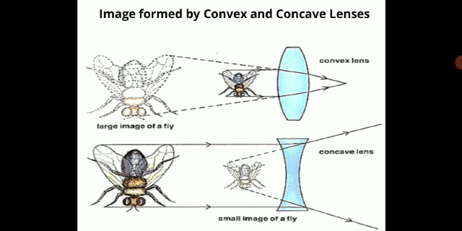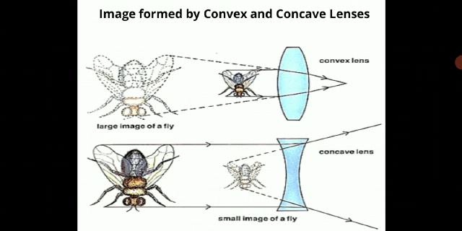Let us see this diagram where the image is formed by convex and concave lenses. Here you can see the image formed by convex and concave lenses. You see the large image of a fly formed by the convex lens. A fly kept in front of the convex lens gives an image that is larger than the size of the fly.